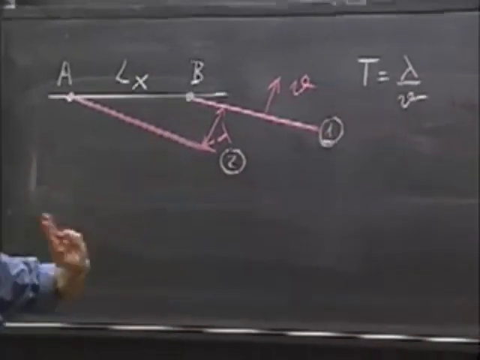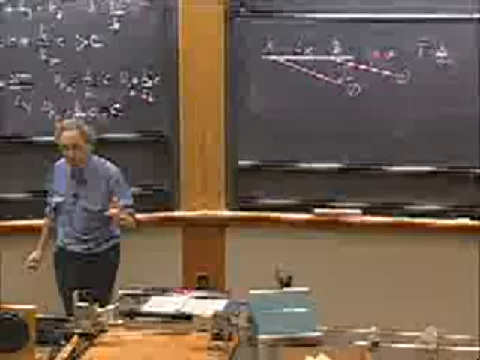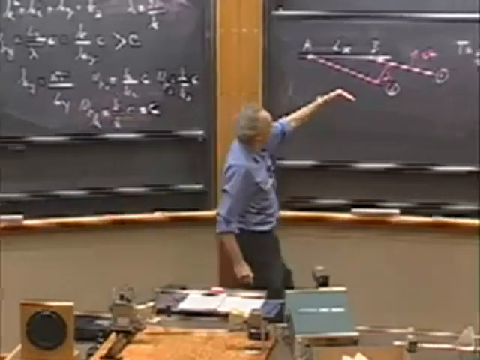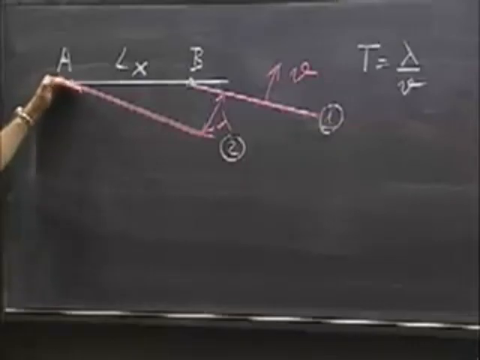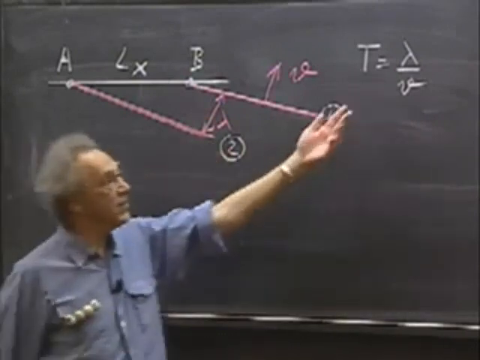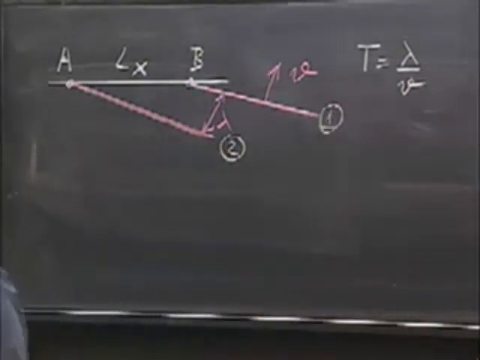But that's not only the case for point B, that is also the case for point A. This wave 1 reaches A before wave 2 reaches point A. And this is the time in between the arrival time of wave 1 and wave 2, which is a completely different question from what is the difference in arrival time of wave 1 alone at A and B.